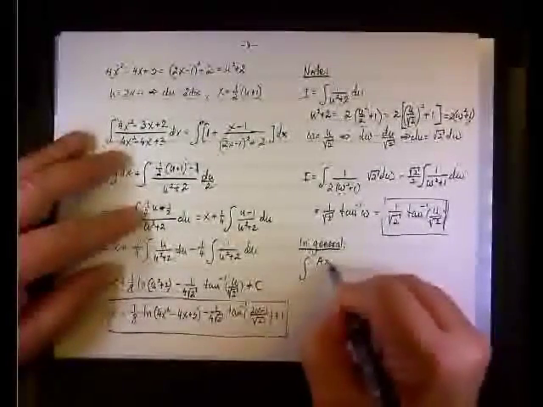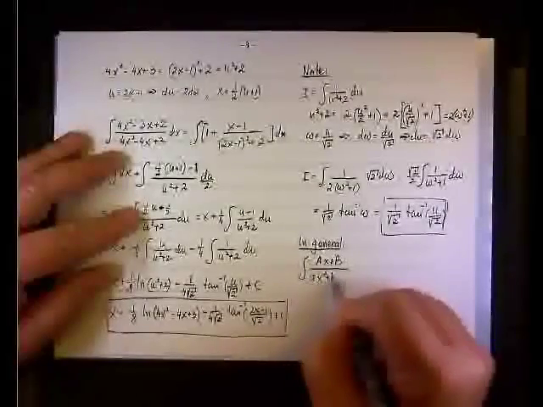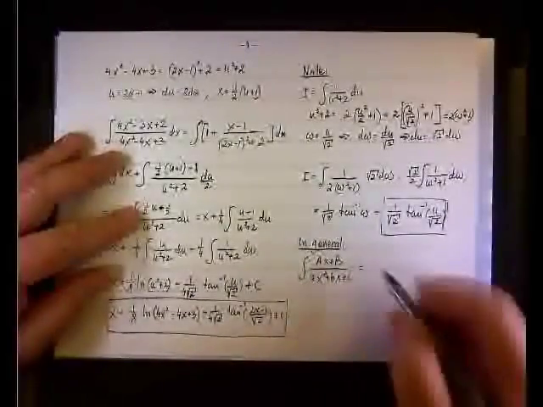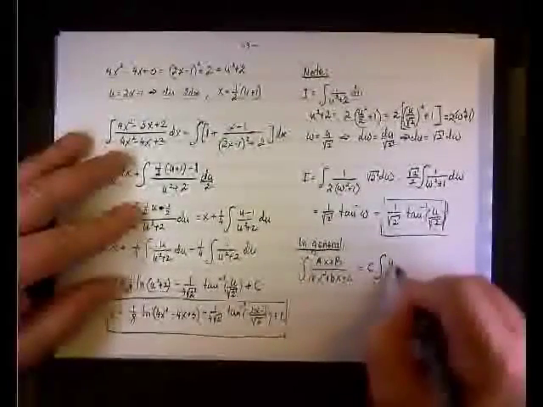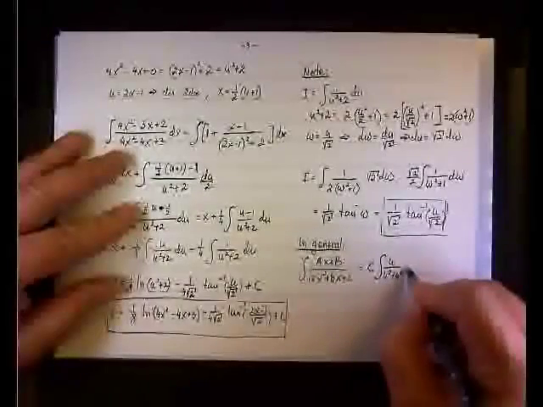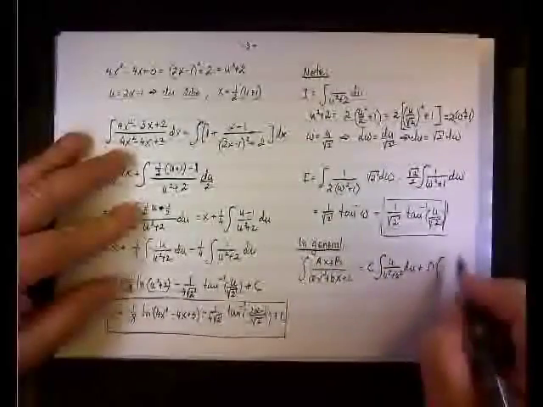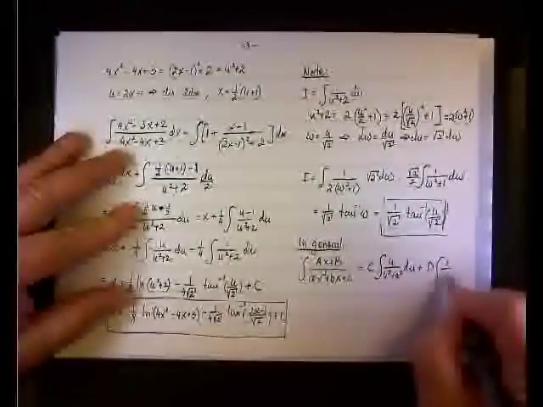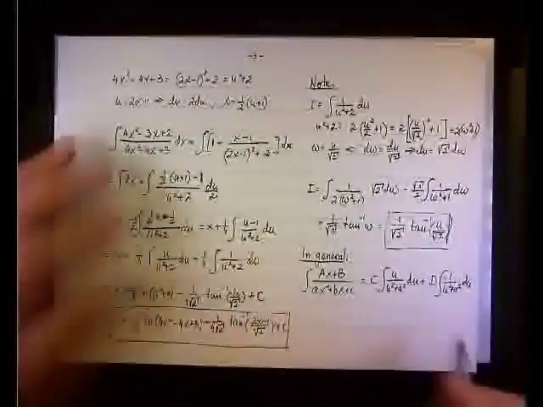The integral of, let's say, ax plus b over ax squared plus bx plus c is going to be c times the integral of u over u squared plus a squared du, plus d times the integral of 1 over u squared plus a squared du.